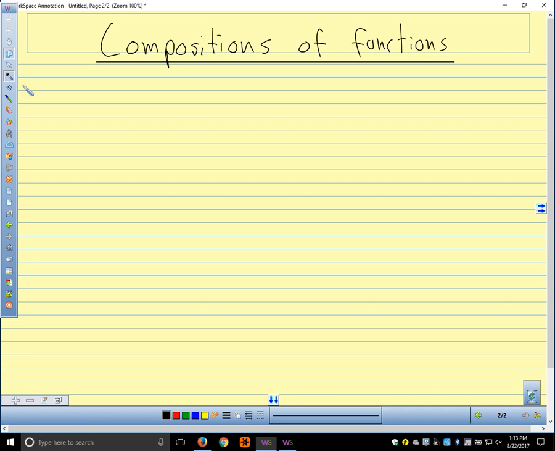So what do we mean, in everyday language, when we talk about compositions of functions?